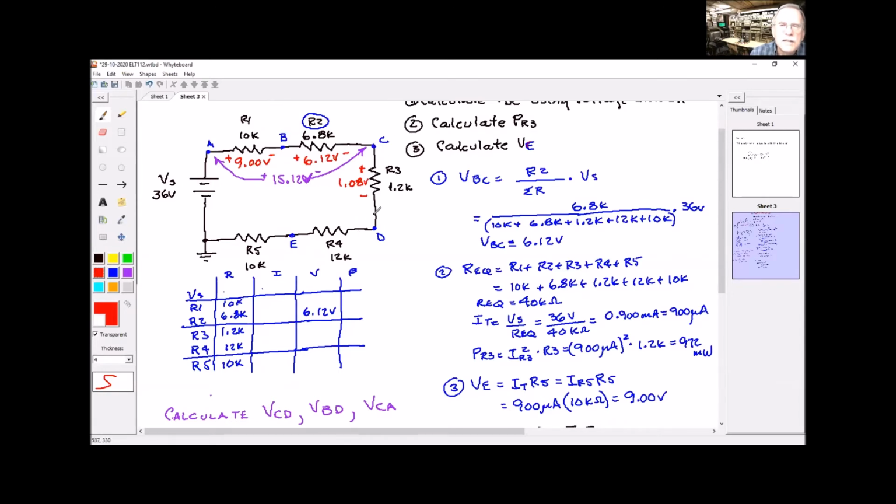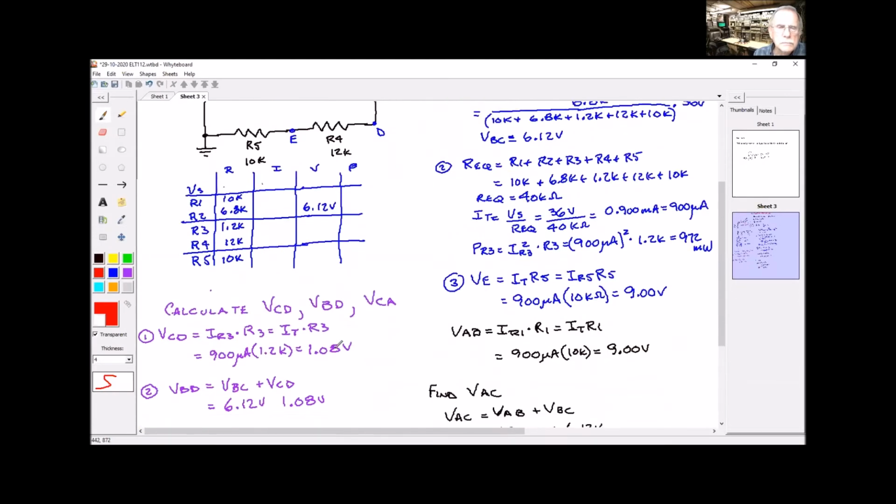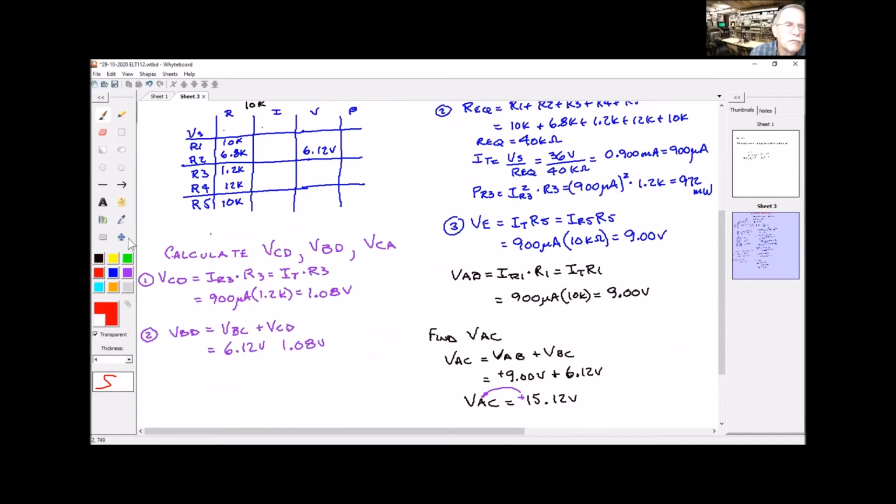So for CD, C is linked to the positive. So we would have plus 6.12 plus 1.08. So VBD is going to be 7.20 volts. Any questions on that so far?